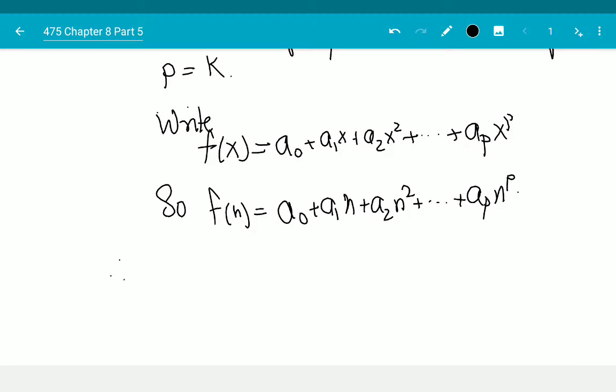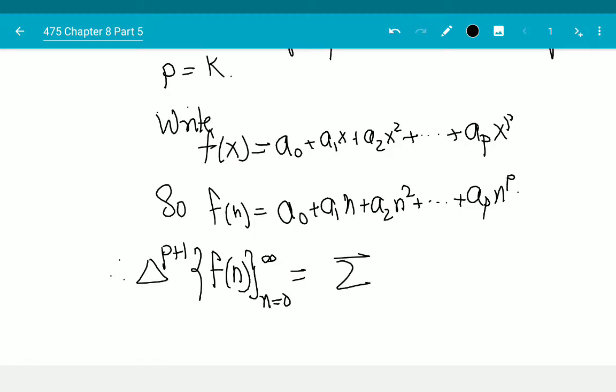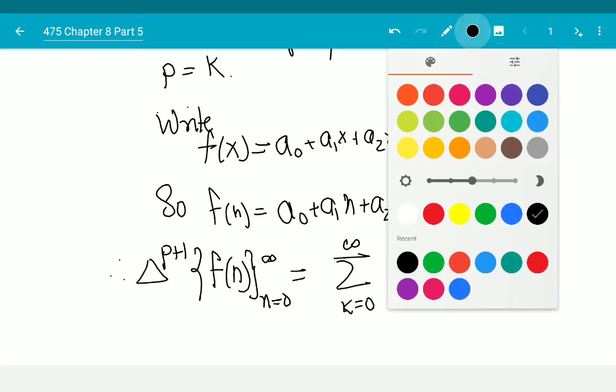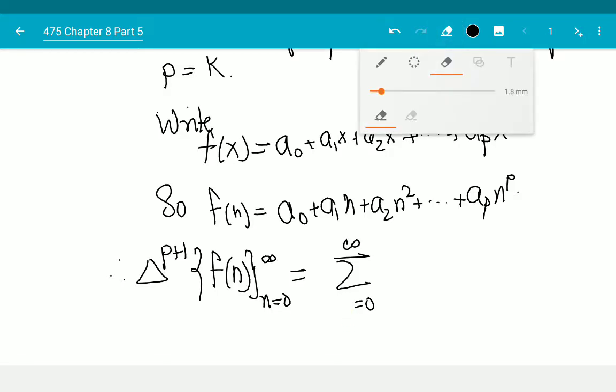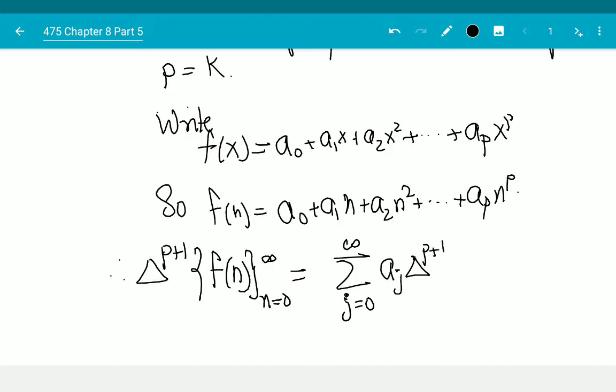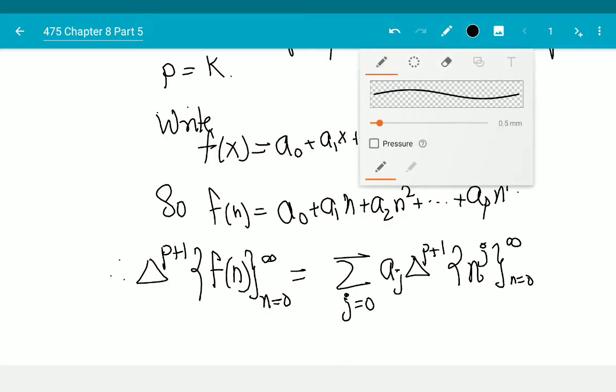Well, from what we have seen before, therefore delta to the p plus 1 of the sequence fn, n equal to 0 to infinity, is equal to, by linearity of differences, the summation over j of aj times delta to the p plus 1 of n to the power j, where n is equal to 0 to infinity. This power should be p. My bad.